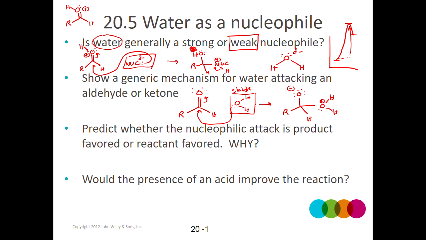So it's a kinetic issue we have. We haven't really looked at whether the attack of the water makes sense from a thermodynamic perspective, but this first step doesn't work well from a kinetic perspective.